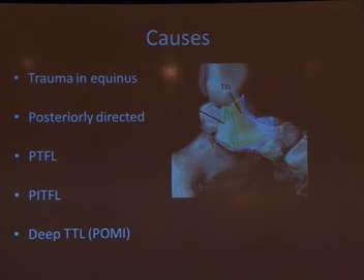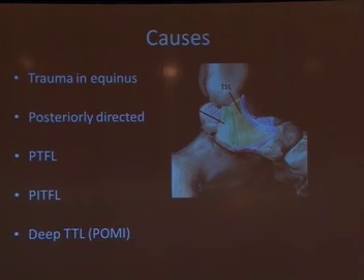The fundamental basis behind how this occurs is when there is trauma in equinus, which is why it occurs in patients like ballet dancers and basketball players. It's often a force that's posteriorly directed as the ankle is plantar flexed when the patient lands, and basically what happens is the structures behind the talus get nutcrackered or crushed between the tibia and the calcaneus.